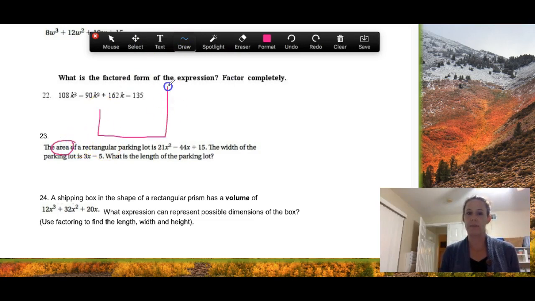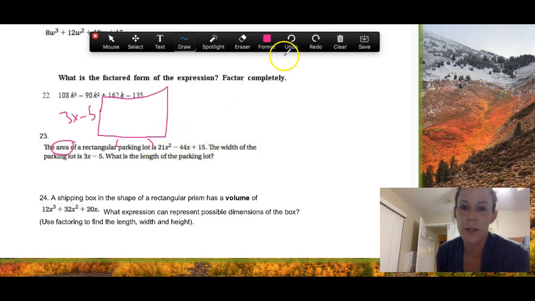They told us one of the factors was 3x minus 5. I've got to figure out this other factor so that when I multiply those together I get this. So I'm going to factor 21x squared minus 44x plus 15.